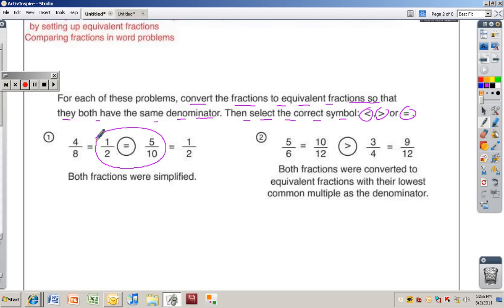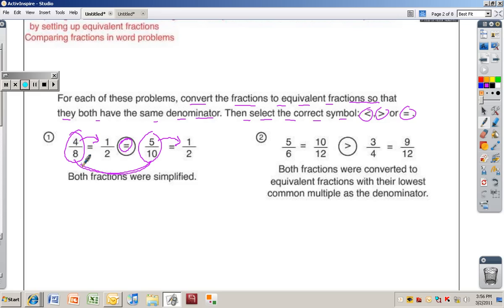They're actually comparing 4/8 and 5/10. They're finding that both of those are equal to 1/2, and so 1/2 is equal to 1/2. Both fractions were simplified, the 4/8 and the 5/10 that we started with.